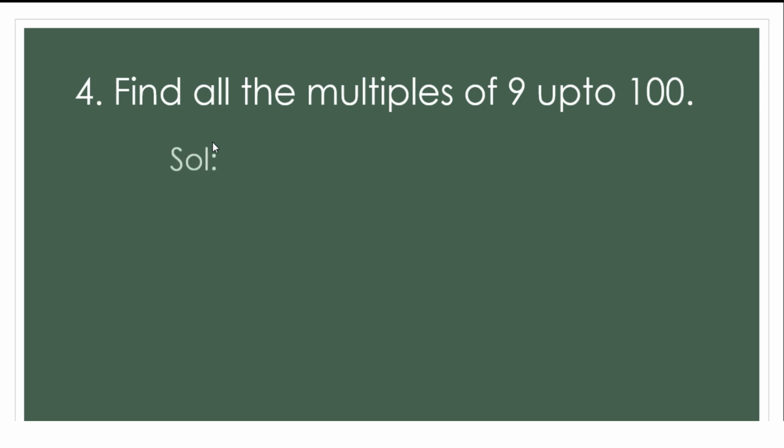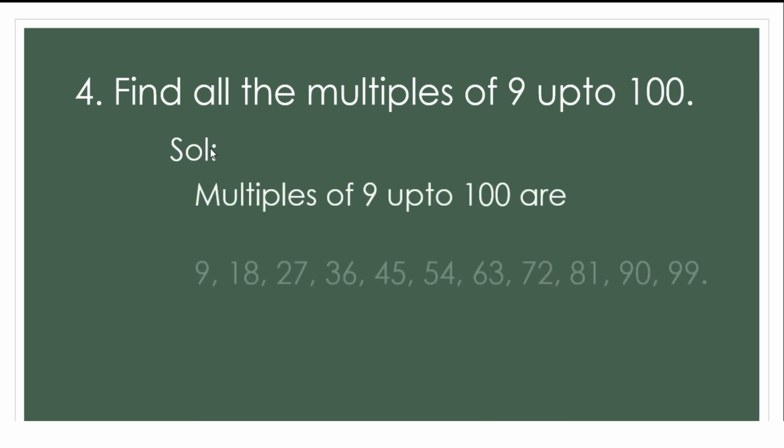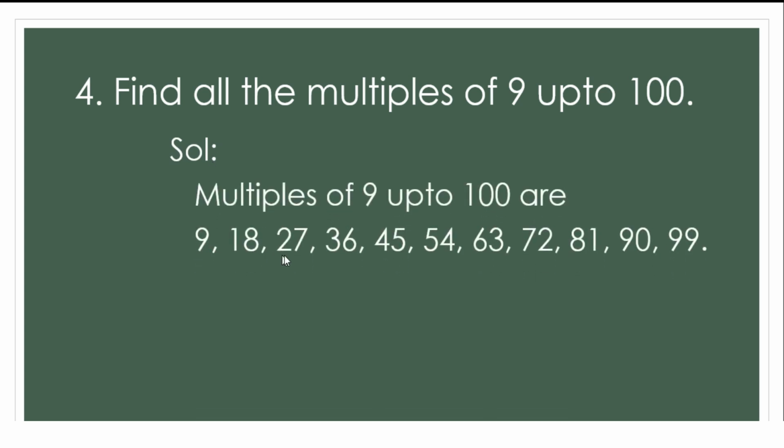Multiples of 9 up to 100 are 9, 18, 27, 36, 45, 54, 63, 72, 81, 90, 99. And the next one is 108. That is beyond 100, so we are not supposed to write that. We must stop at 99.